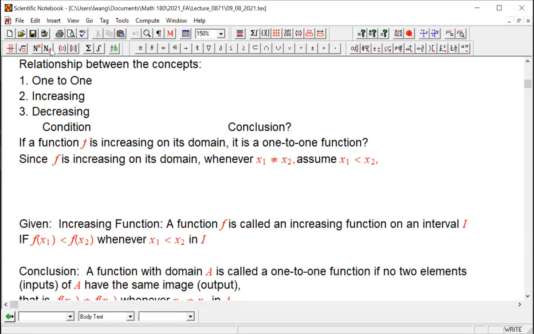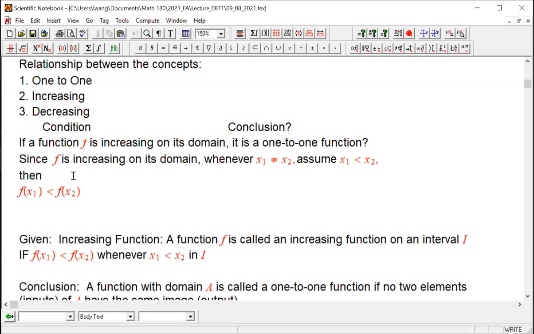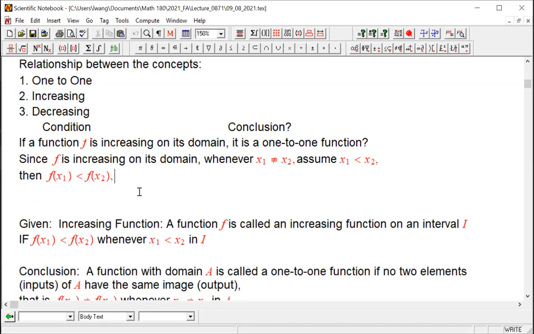Because x1 and x2 are not the same, I can assume one is less than the other, or I can assume x sub 1 is larger than x sub 2. Either way. But if this is the assumption, then because f is increasing, I know this is going to be true. Under that assumption, if f of x1 is less than f of x2, what does that mean?